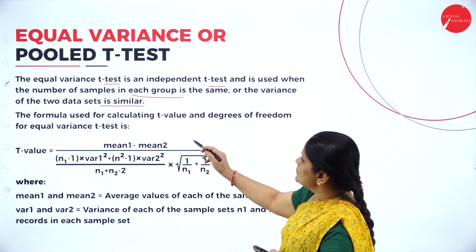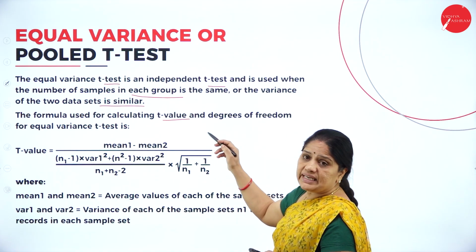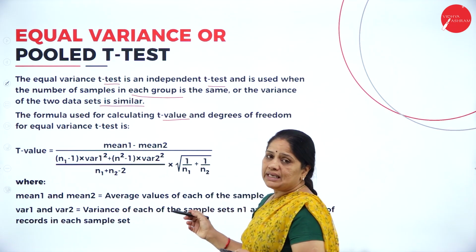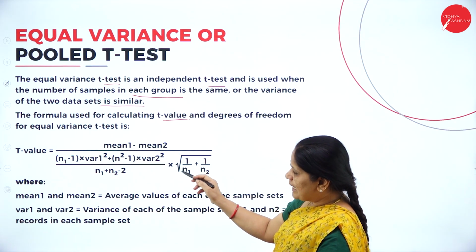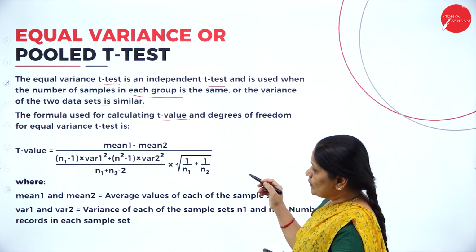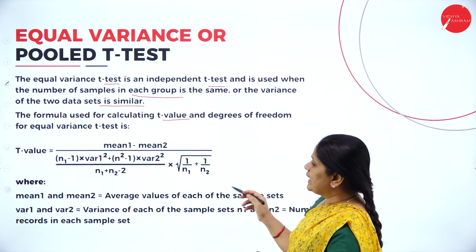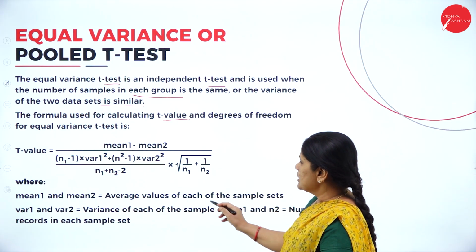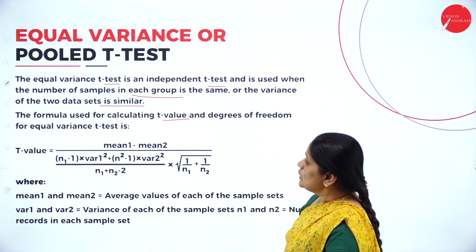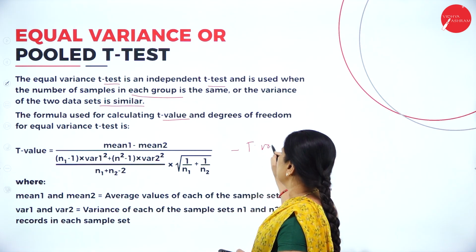The formula used for calculating the t-value and the degrees of freedom for the equal variance t-test is: t equals mean 1 minus mean 2 divided by the square root of [(n1 minus 1) times variance 1 squared plus (n2 minus 1) times variance 2 squared] divided by (n1 plus n2 minus 2), multiplied by root of (1 by n1 plus 1 by n2). So this is the formula we have to use in order to calculate the t-value.